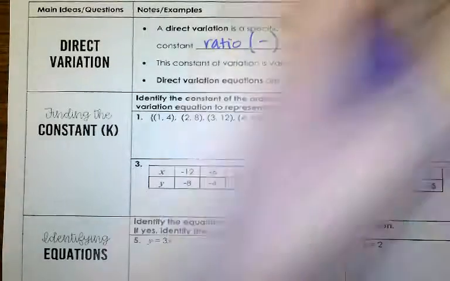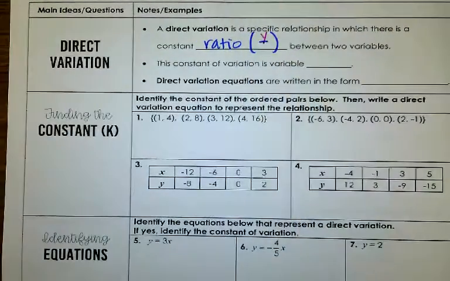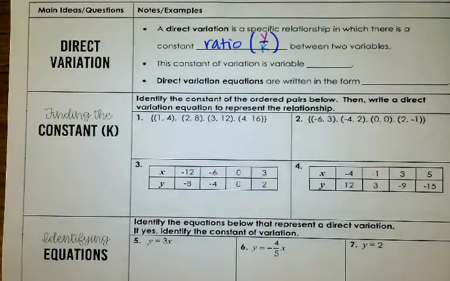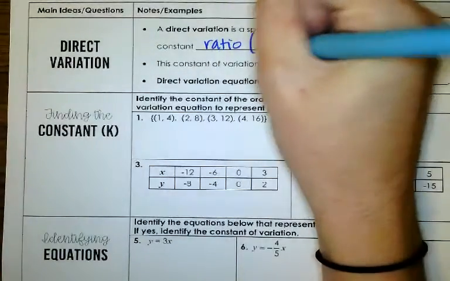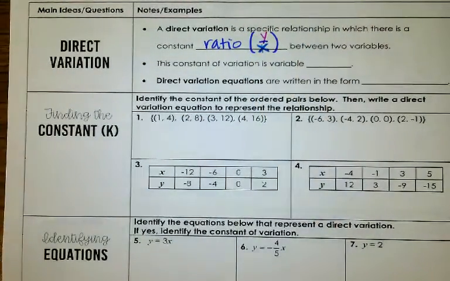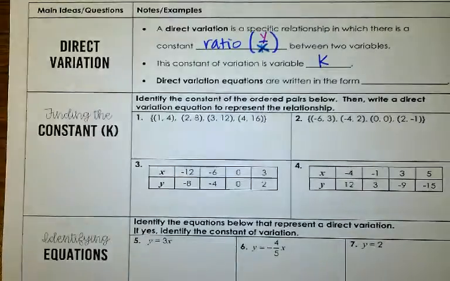And your ratio can be written as y over k. And it's this ratio between two variables. Oh, no, y over x. My bad, guys. Y over x. Okay? And the reason why I said k is because this constant of variation is what we call k.